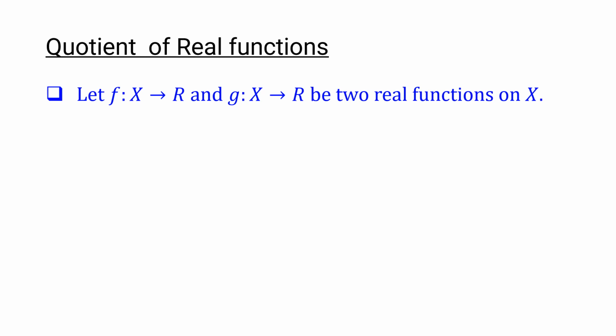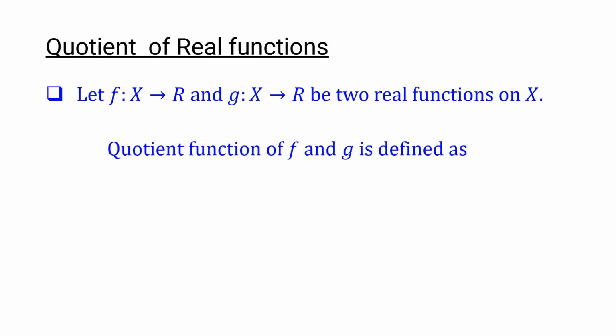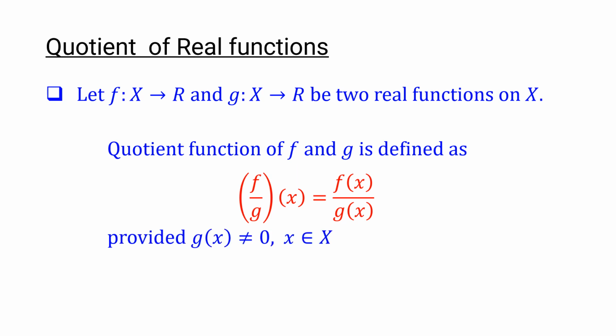Let us again take two functions f and g, both operating on real values of x. Quotient function of f and g is defined as (f/g)(x) equal to f(x) divided by g(x), provided g(x) is not equal to 0 and x is in set X.